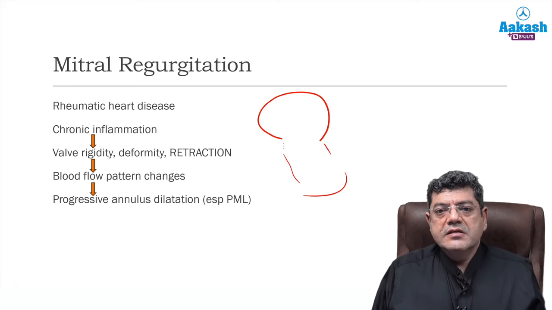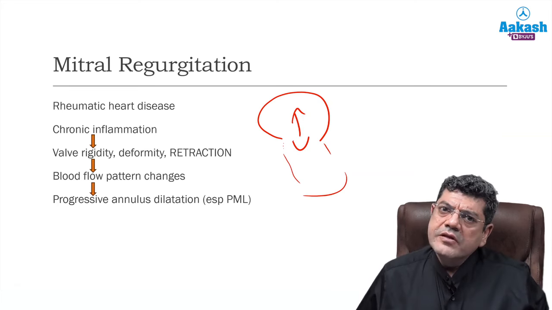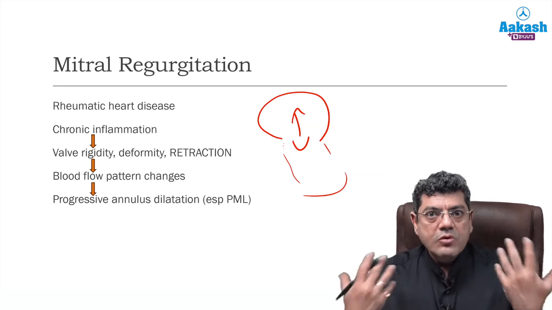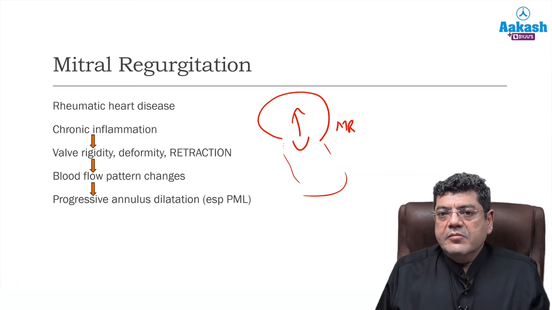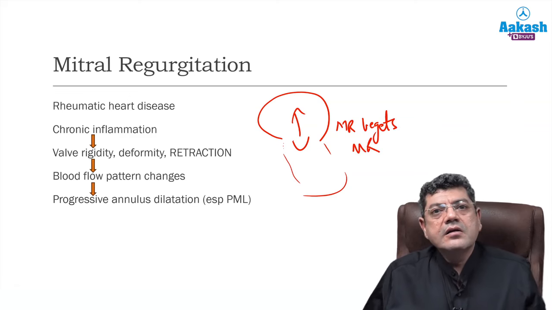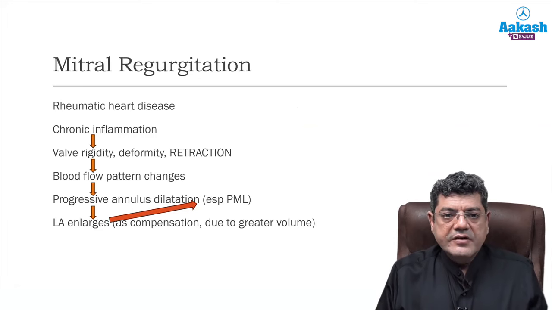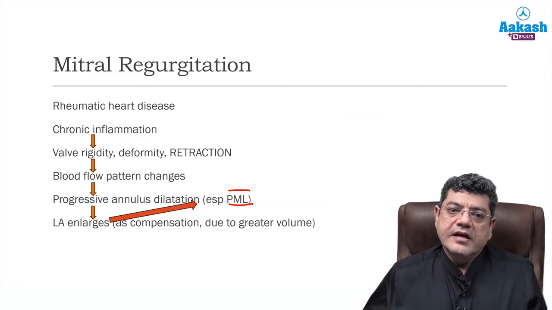As it enlarges, it especially pulls backward the posterior mitral leaflet. What will happen if that is pulled backwards? More MR. More MR will mean more left atrial enlargement. So therefore MR begets MR, that's the clinical aphorism. So the left atrium enlarges and pulls on the posterior mitral leaflet, and that vicious cycle gets established.